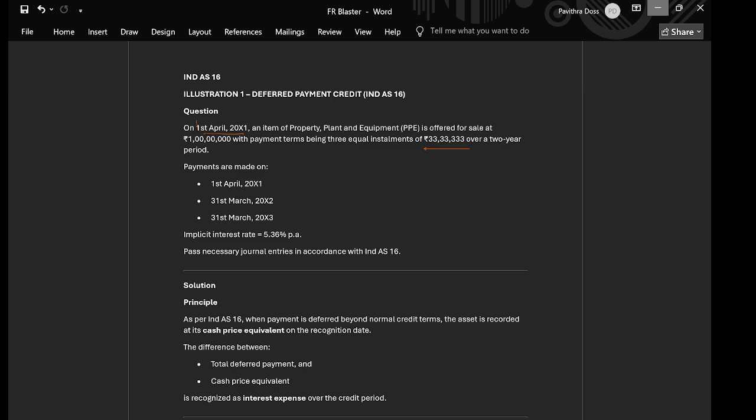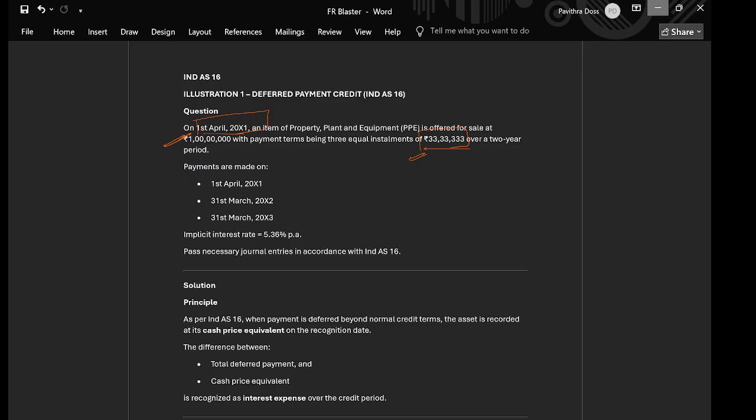So this is the date of purchase and this is the sale value, but we are going to get it over a 2-year period with this being the equal installment payment. So how much are we getting? They are telling that this is the installment, so 33,333 into 3, that comes to 99 lakh 99,999.